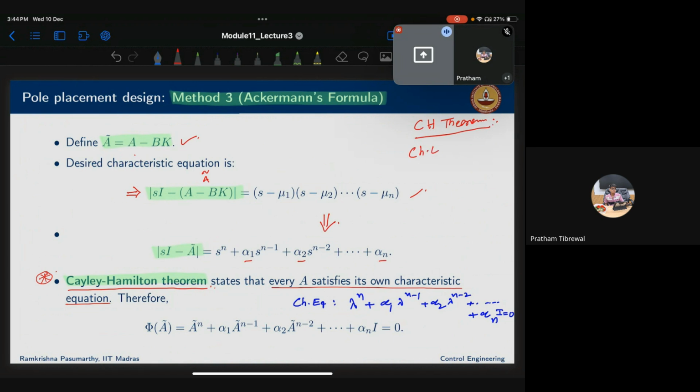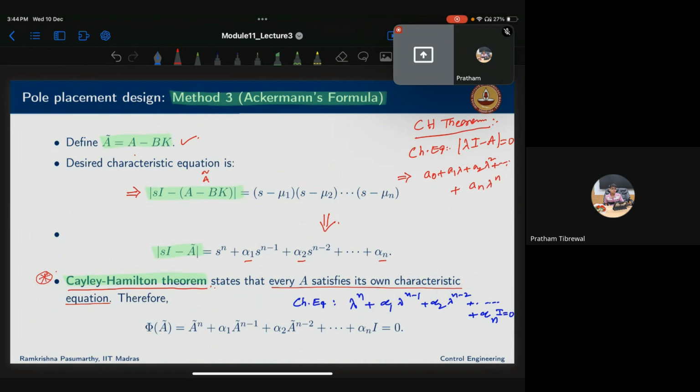If you find the characteristic equation of A, that is determinant of sI minus A equal to 0, what equation do we get? Taking a variable delta, the characteristic polynomial is a0 plus a1 delta plus a2 delta squared, etcetera, and at last an delta to the power n.